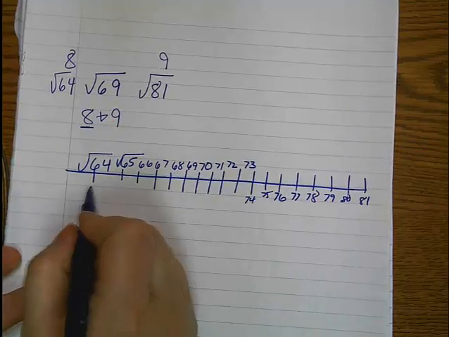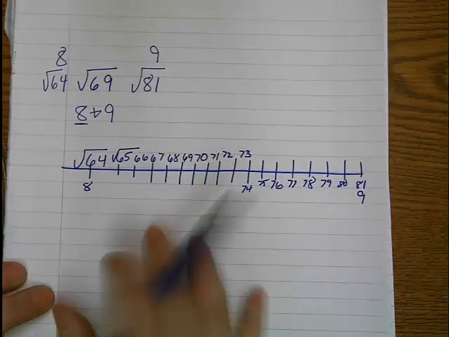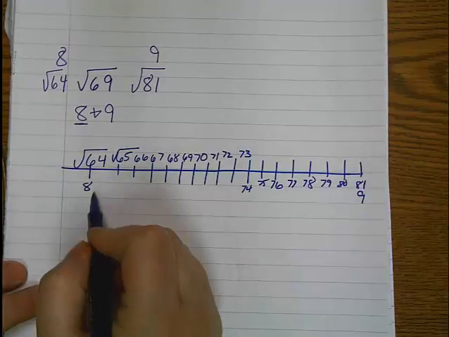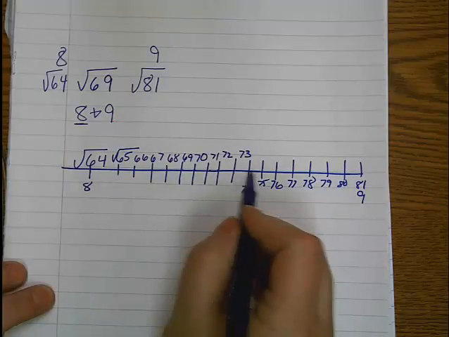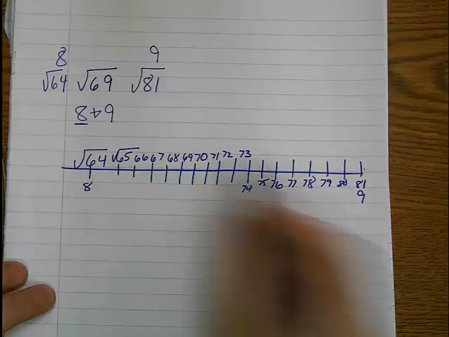So this is 8 and this is 9. I've listed all the numbers in between. So now I want to find what's directly between 64 and 81. So let's count the spaces. We've got 1, 2, 3, 4, 5, 6, 7, 8, 9, 10, 11, 12, 13, 14, 15, 16. So I got 17 spaces in between.